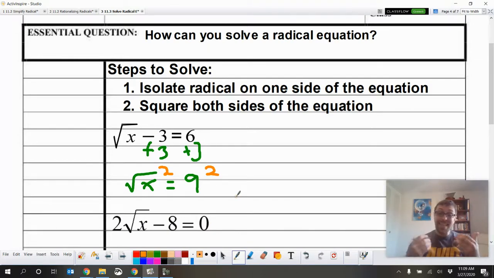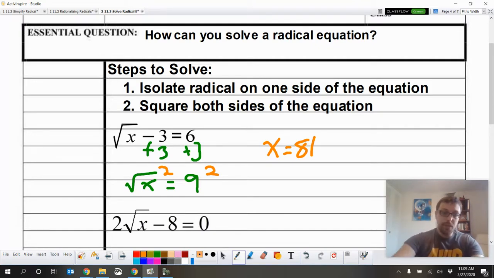Now keep in mind, anything inside of the square root doesn't change. You're just going to change the fact that there's a square root there, because that's gone. You're left with just an x. The other side, however, will change. We've got 9 squared, that's 81.